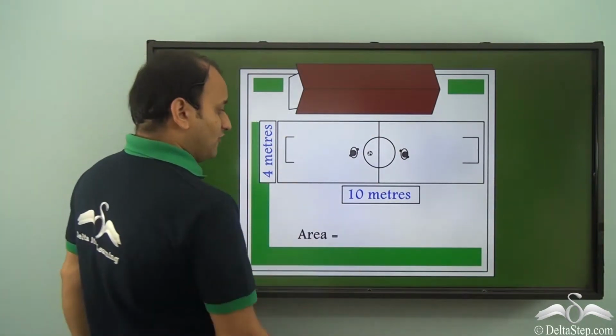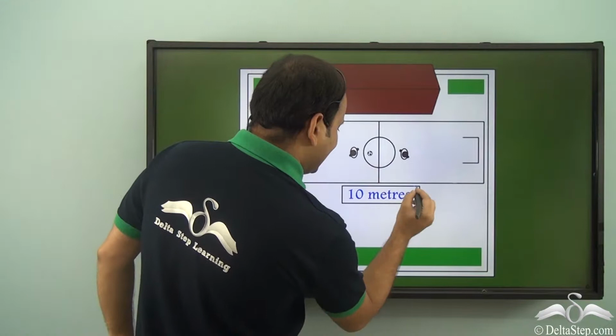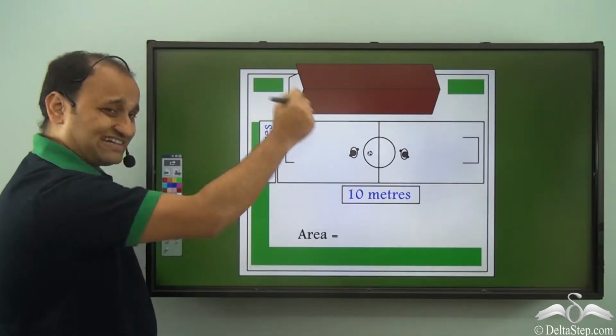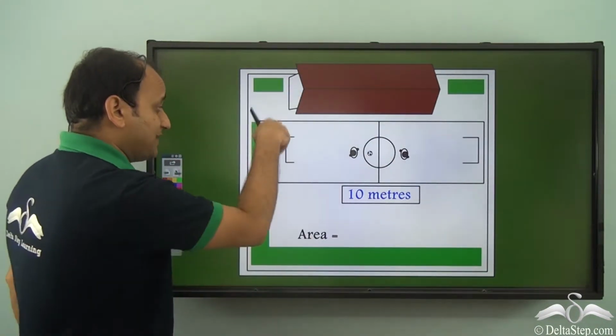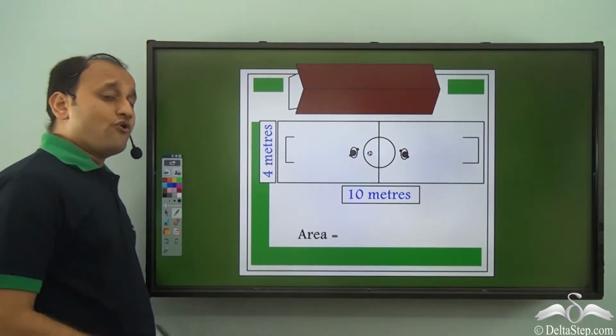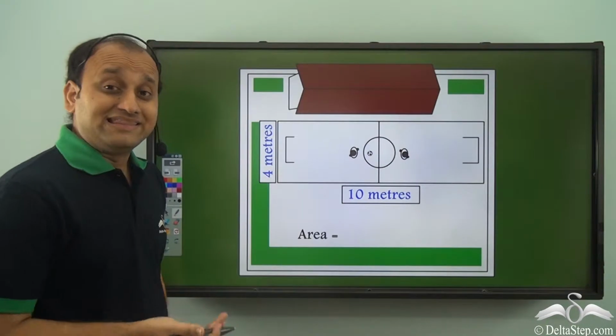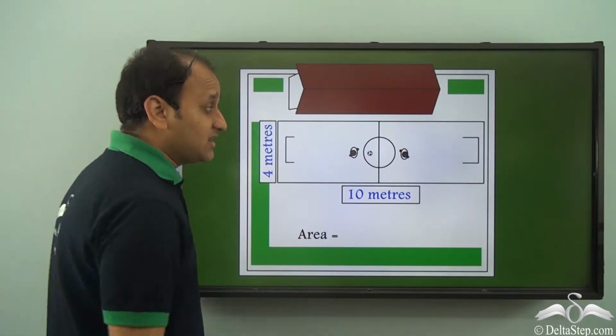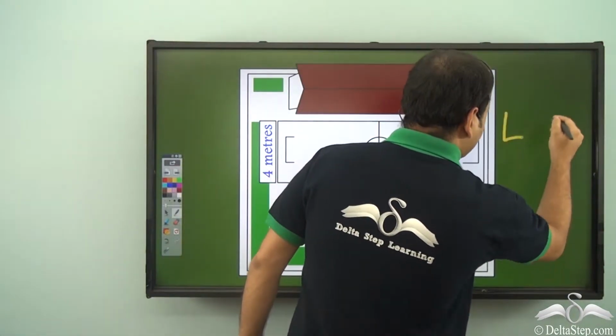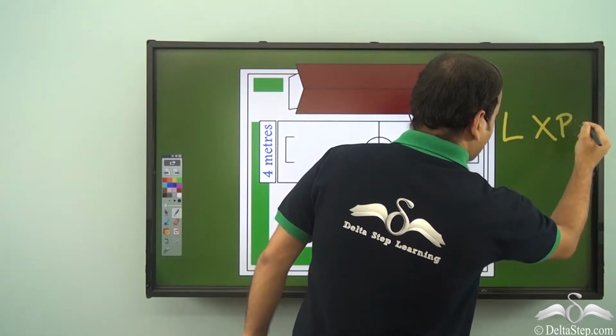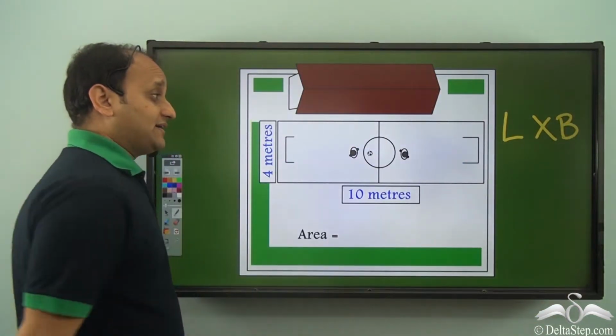Now length of this area is 10 meters. So length of this rectangle is 10 meters and breadth of this rectangle is 4 meters. So what will be the area? Well, we know that area of a rectangle is length into breadth.